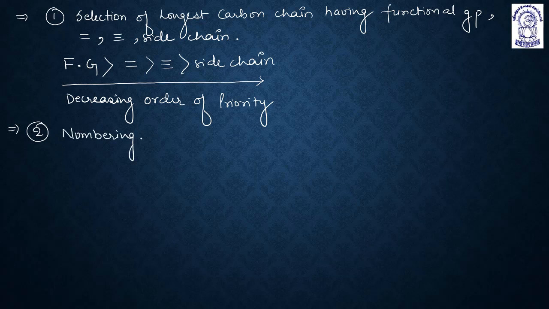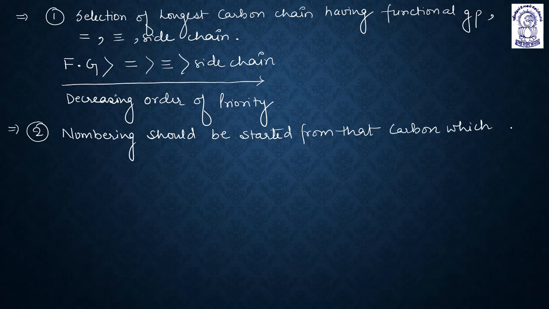Numbering should be started from that carbon which is either attached to functional group or double bond or triple bond or side chain.